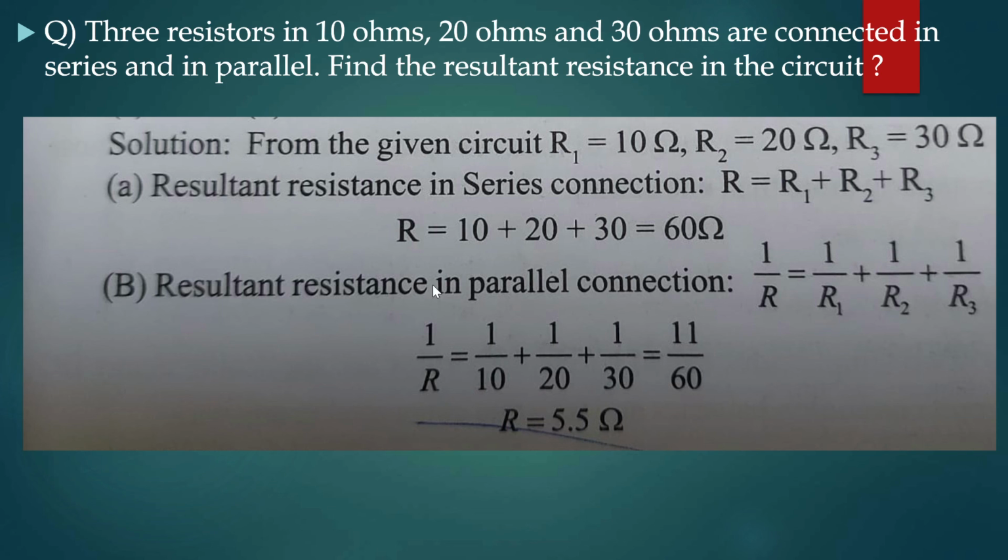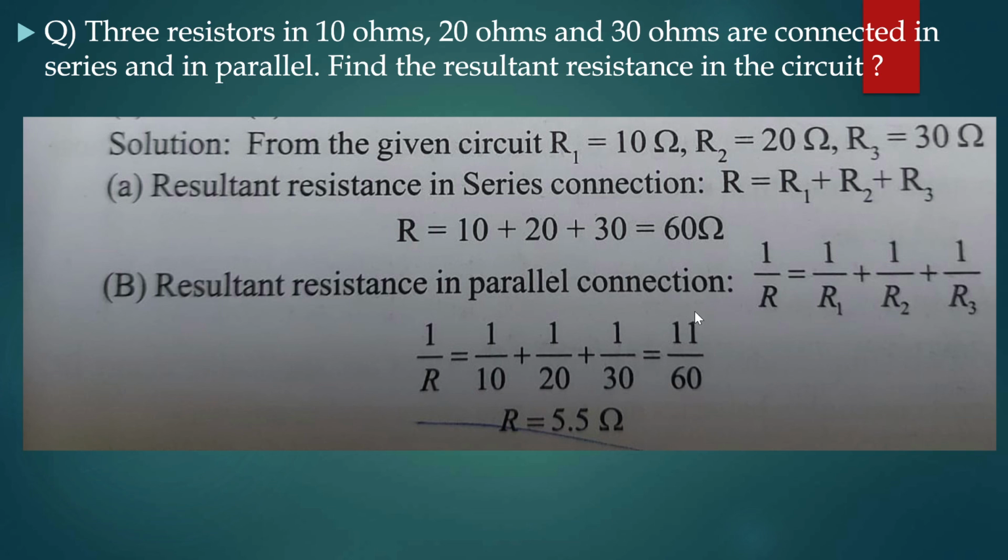Now coming to the resultant resistance in parallel connection, we know 1 by R equal to 1 by R1 plus 1 by R2 plus 1 by R3. We can either substitute directly in this formula, or you can also use the formula where R equivalent is equal to R1 R2 R3 by R1 R2 plus R2 R3 plus R3 R1.